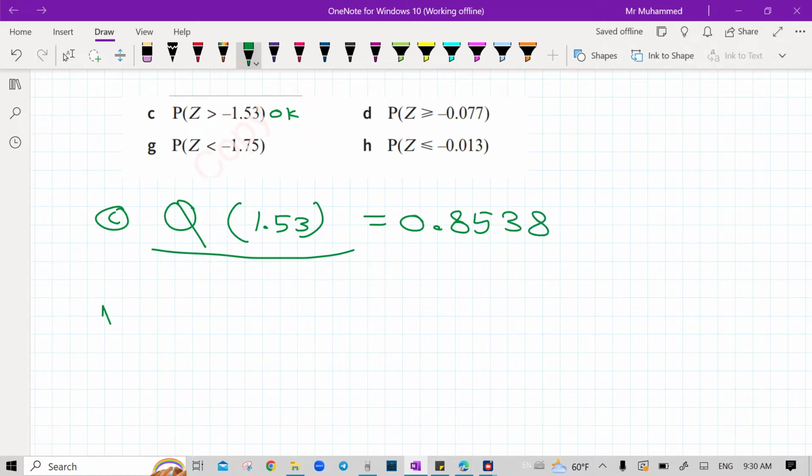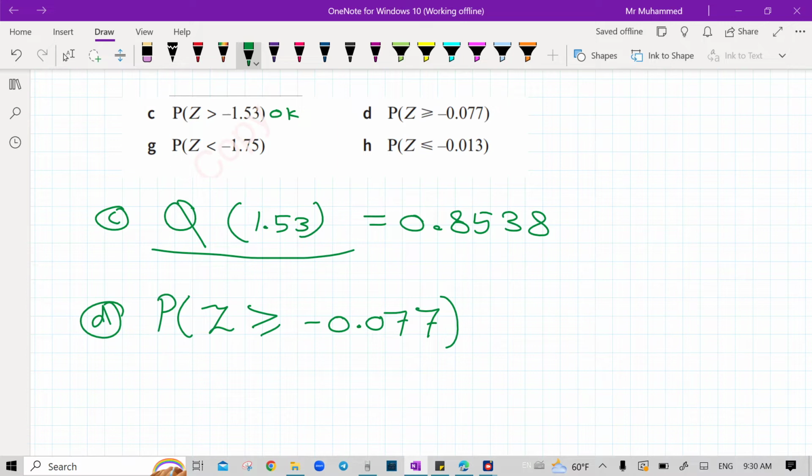If we look at D, probability of Z greater than or equal to negative 0.077. Greater than negative is okay. For normal distribution, it doesn't matter if there is equal or if there is no equal. In both cases, we just have to go to the table. Then Z greater than negative is okay. We directly go to phi of 0.077.